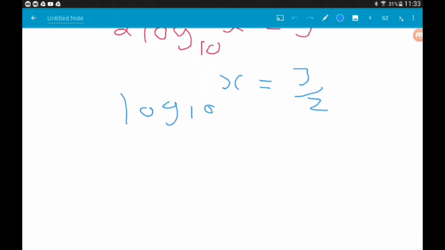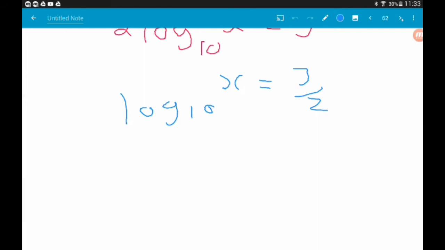Okay, so now how do we get the x out of the logarithm? Well, the log has a base of 10. So if we were to set the logarithm part as a power of 10, then the exponent and the logarithm cancel out. So we raise both sides as a power of 10.